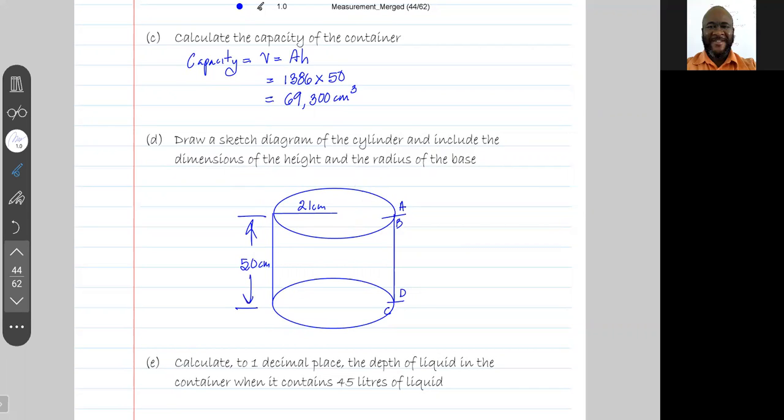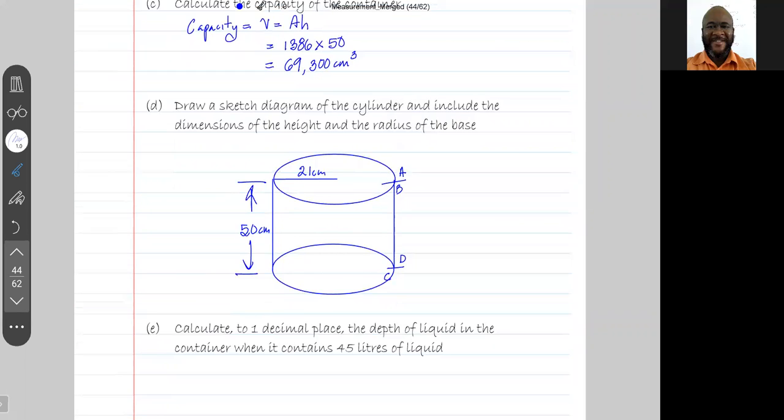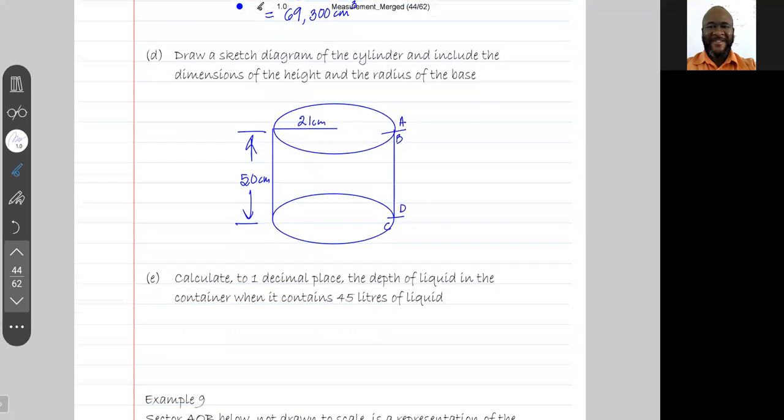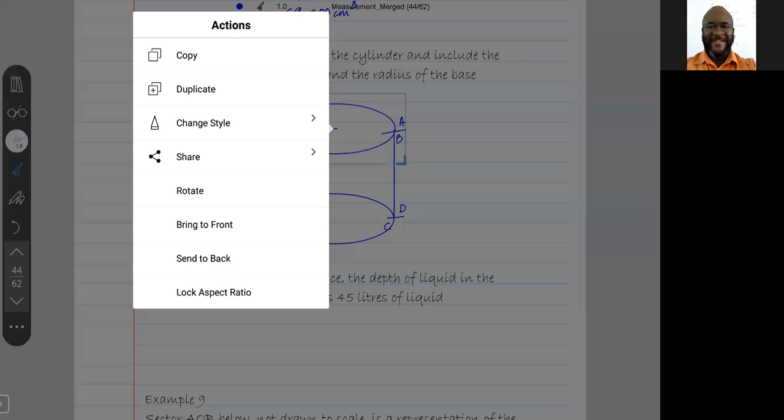So we're asked to draw a sketch. Then here's what we're told. We're to calculate to one decimal place the depth of liquid in the container when it contains 45 liters of liquid. So somebody pours in some liquid. Duplicate.